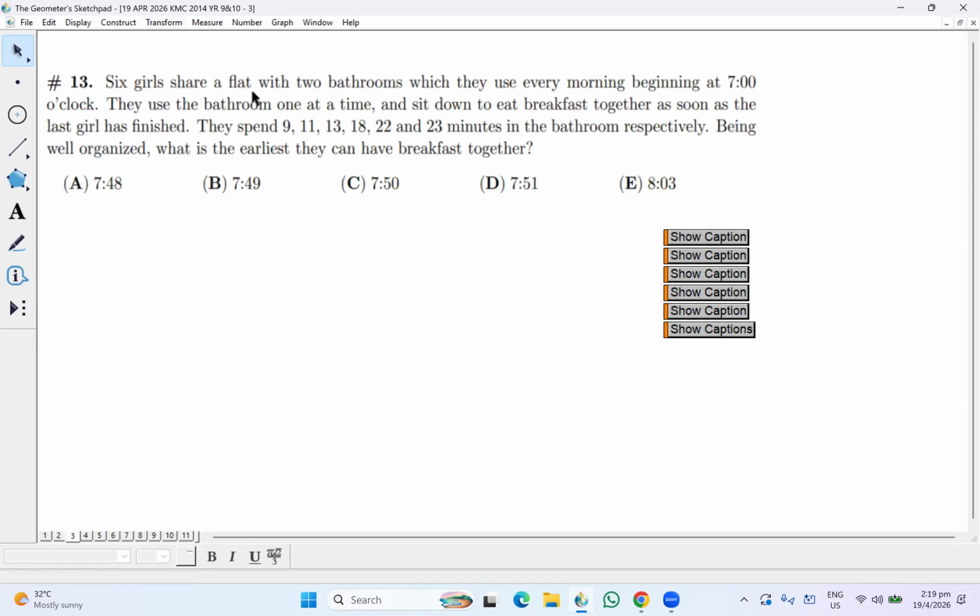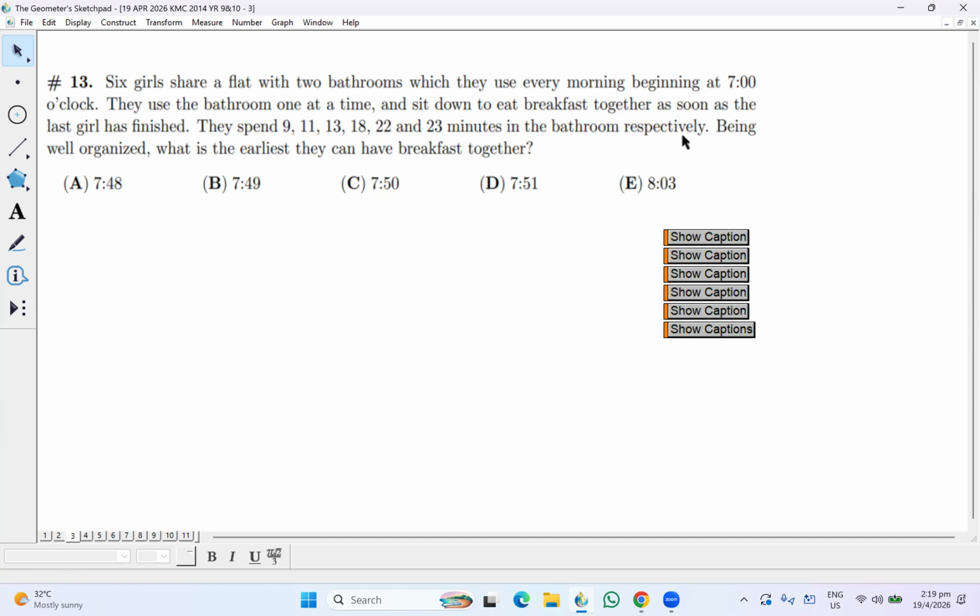Six girls share a flat with two bathrooms, and they use them every morning beginning at 7 o'clock. They use a bathroom one at a time, and sit down to eat breakfast together as soon as the last girl finishes. The girls spend 9, 11, 13, 18, 22, and 23 minutes in the bathroom respectively.